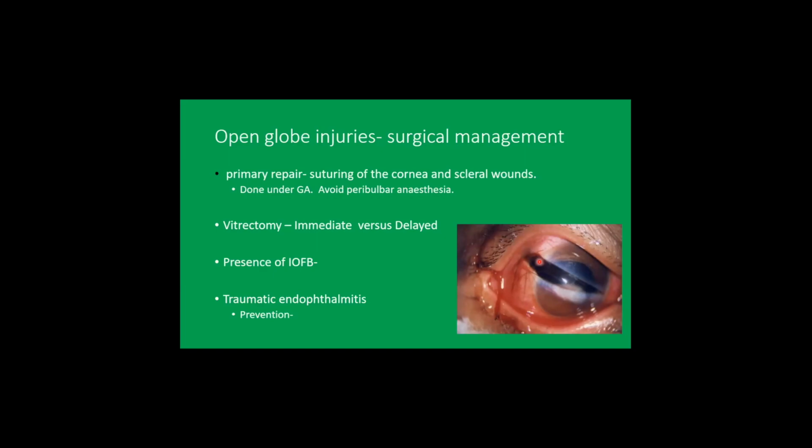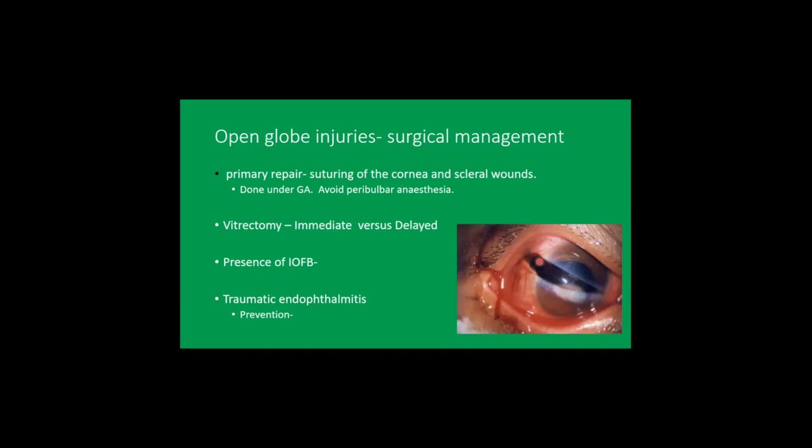In the presence of intraocular foreign body, we have to know the composition of the intraocular foreign body. If it is glass, if it is plastic, and it is inert, that is not contaminated, probably may not cause further damage if it is lodged in an area that is not obstructing vision. But where there's suspicion of contamination and therefore likely infection, there's a need for removal of the intraocular foreign body.